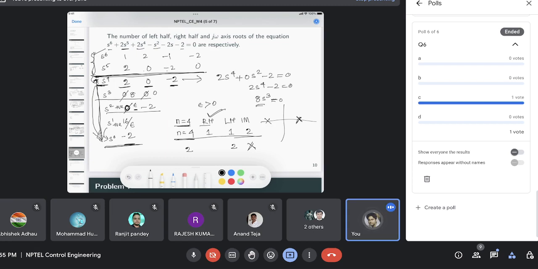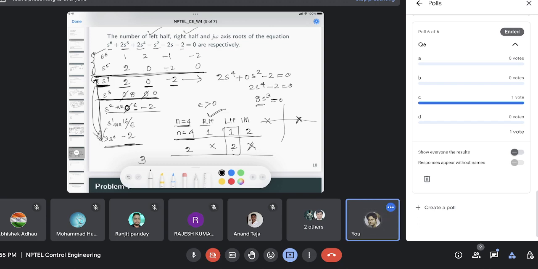And because there is no sign change before this auxiliary equation, before this 0 row, there cannot be any right hand side poles. So these 2 poles should be in the left hand plane. Left hand plane, how many? 3, this 1 plus 2, 3.